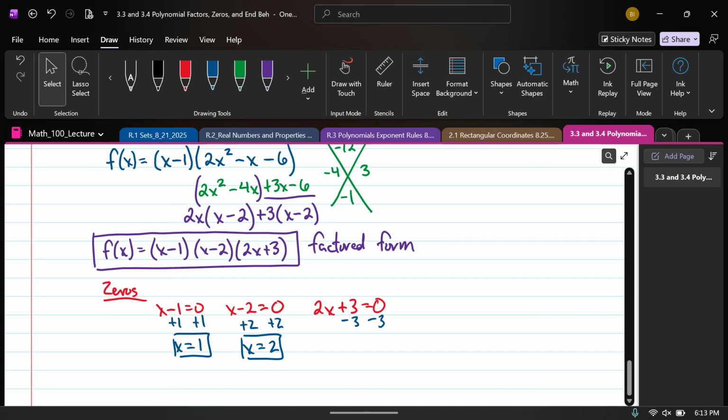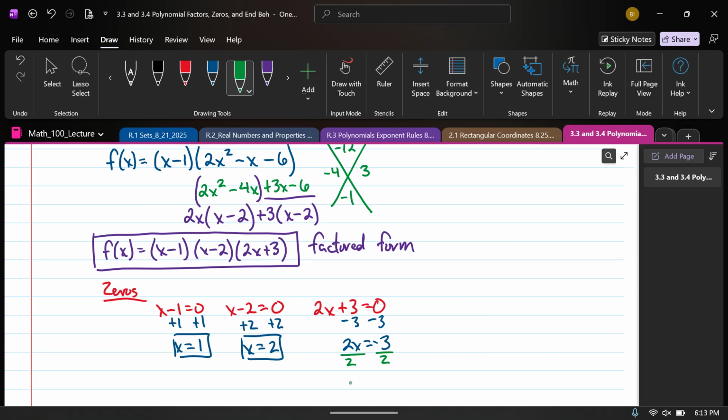This one's got a little bit more work. It's 2x is equal to -3. And then divide by 2. -3/2. If I graph the original problem, I'm going to see it hitting the x-axis at 1, 2, and -1.5.